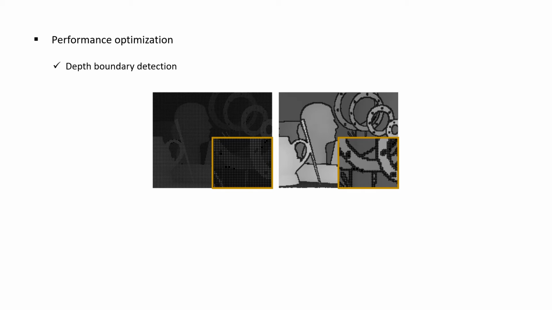To accelerate the performance, we propose a concise mechanism of our method through both depth boundary detection and matrix computation. We first detect edges in the depth maps so that bilateral filtering is performed only in these regions.